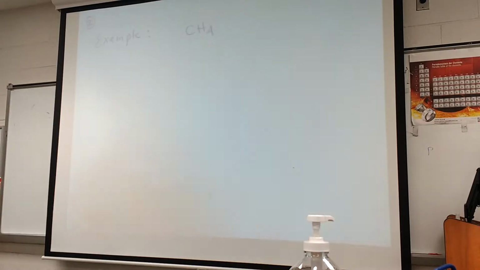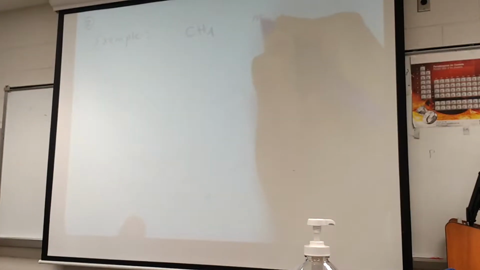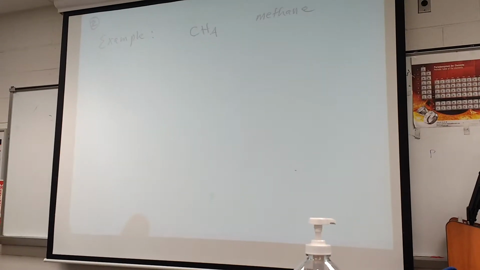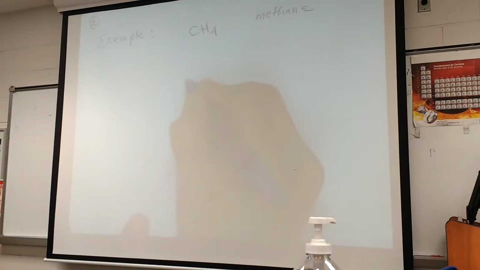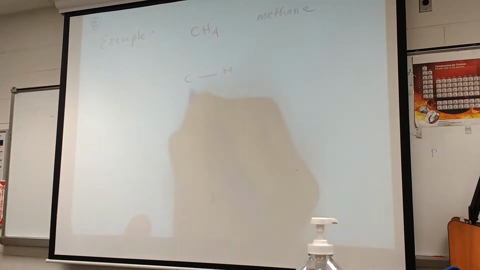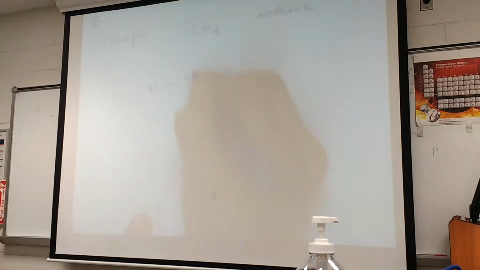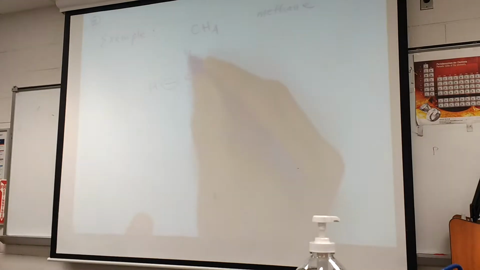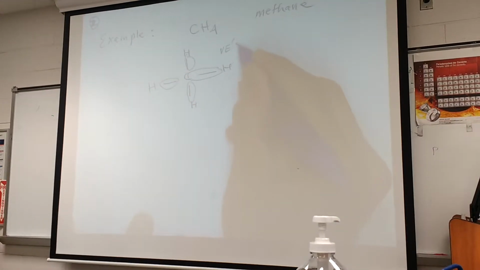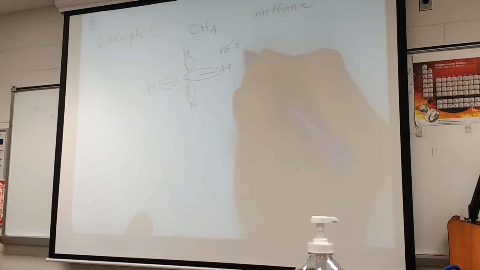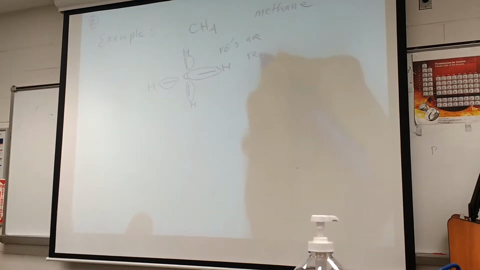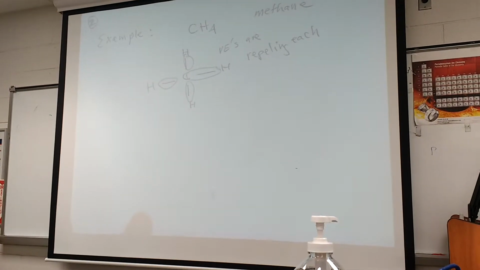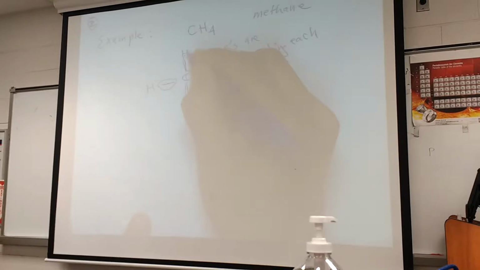This is called methane, and it looks like this. That's the Lewis structure we're talking about. All those VEs, the valence electrons, are repelling each other, and they are shared.